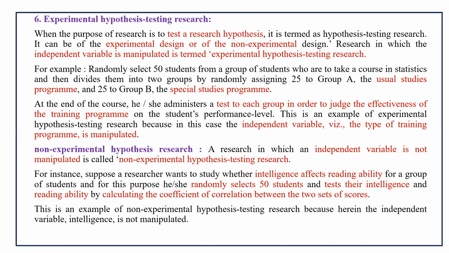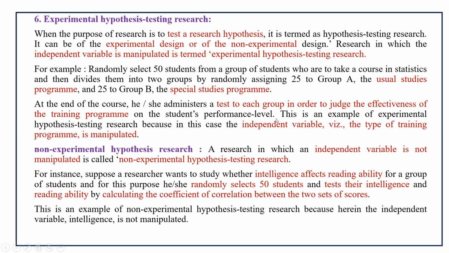Take the example: randomly select 50 students who will take a very special course of statistics. Now divide these 50 students into two groups. Label one group of 25 students as group A, and the other 25 students as group B, and give group A the usual study program of statistics and give group B a special statistical study program, right?